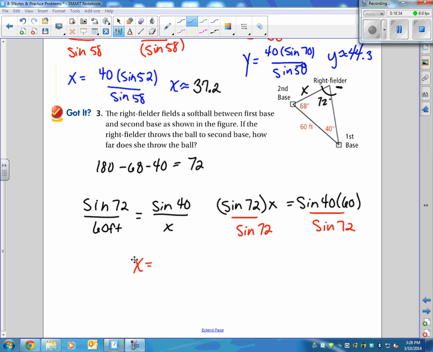So x will equal the sine of 40 times 60 feet divided by the sine of 72. Plugging that in the calculator, it looks like we get an approximate value of 40.6 feet, rounded to the nearest tenth.